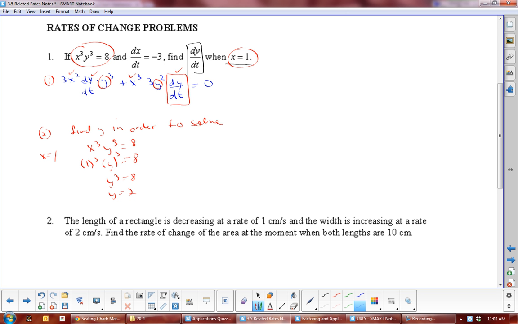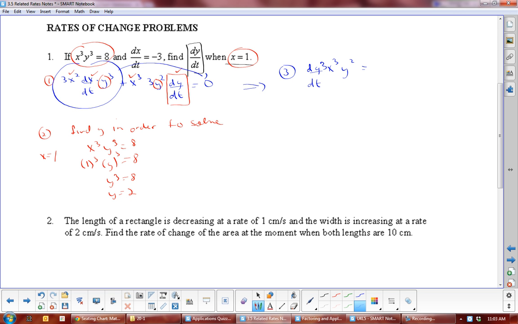The only problem is right now, dy over dt, it's not by itself, right? So let's get this so it is. So this would be dy dt x cubed y squared, oops, forgot my 3 equals, I'm just going to bring all of this over to the other side.